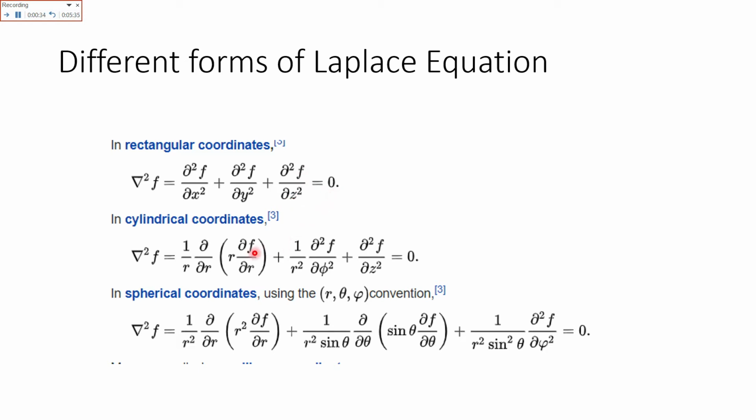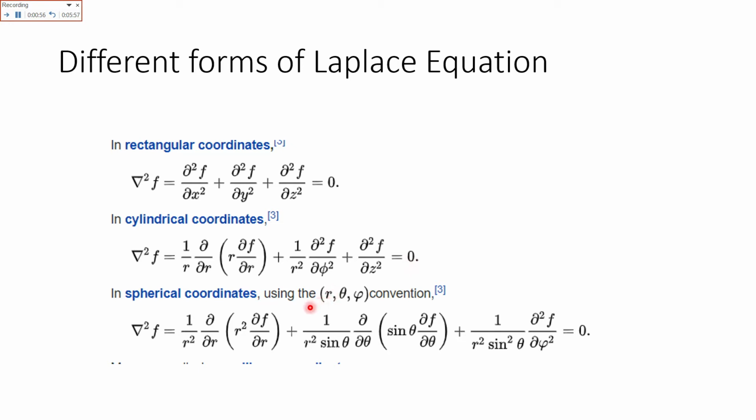In cylindrical systems, 1 over r del over del r of r del f over del r, plus 1 over r square del square f over del phi square, or you can say theta square, plus del square f over del z square, is equal to 0.